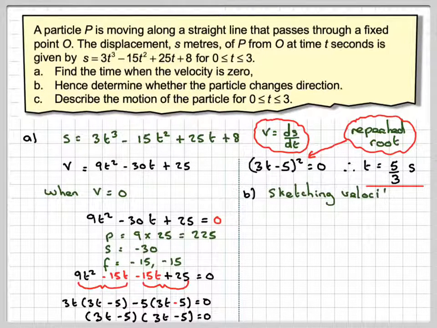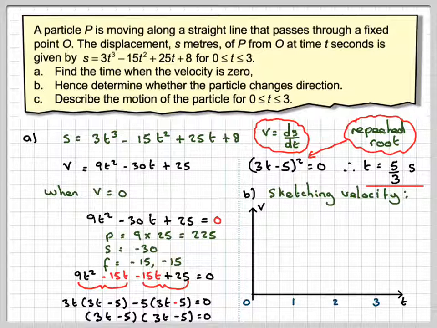So if we sketch the velocity, this function is a quadratic. We draw a set of axes. We know that it touches the t-axis at 5 over 3, which is there. And we know that it will cut the vertical axis at 25, so we'll mark it there. It's only a sketch. So this is a happy face.